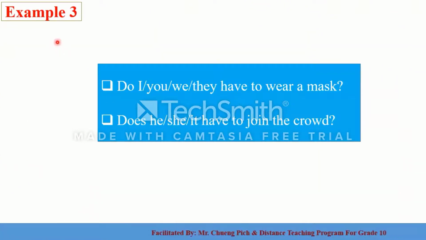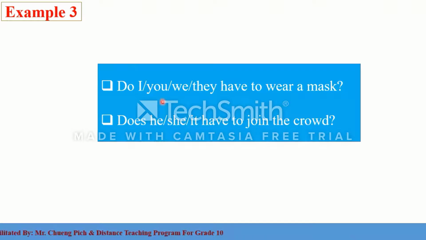Everybody, here are the examples number 3, which is about using have to and doesn't have to in the question form, right? So in the first question form with have to, when we want to ask with that, we use do.